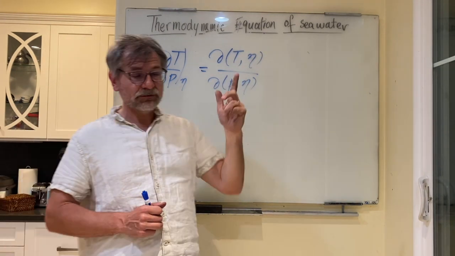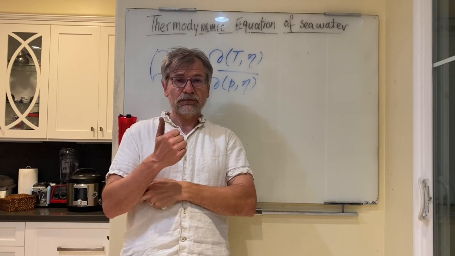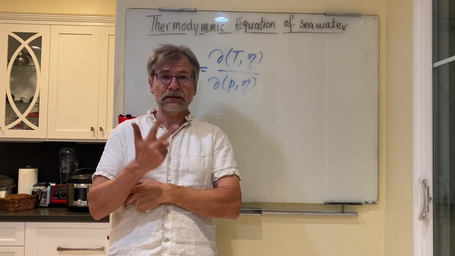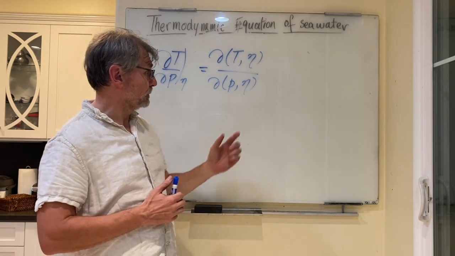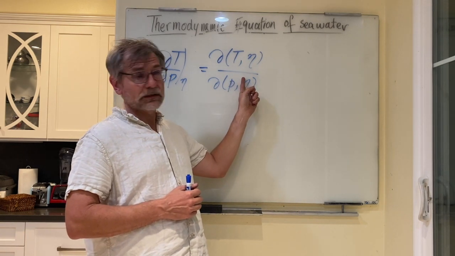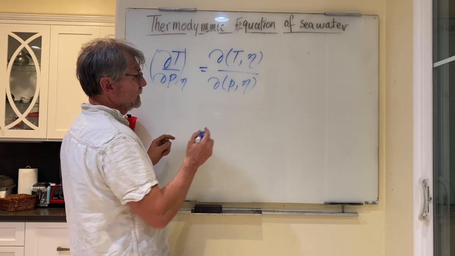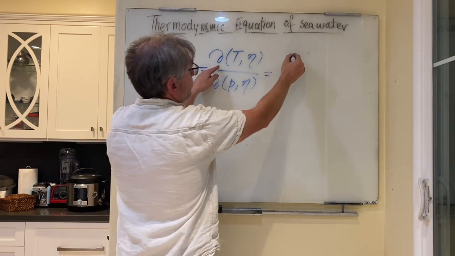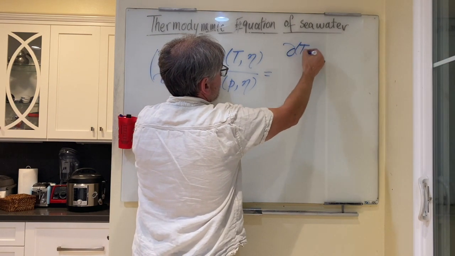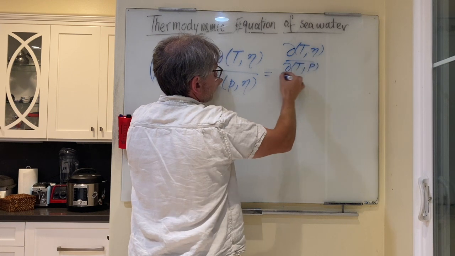Okay, so the Gibbs function is a function of pressure, temperature, and salinity, right? These three variables that we can measure in the ocean, which is why the Gibbs function is useful. So we want to introduce these variables into this Jacobian determinant. And what we're going to do is use the chain rule, and bring it in on the top, T and P, and on the bottom.